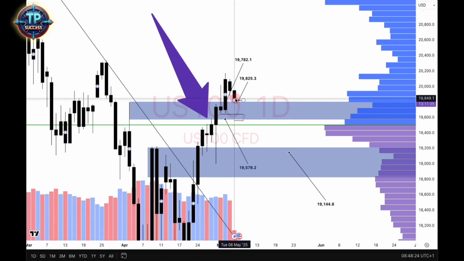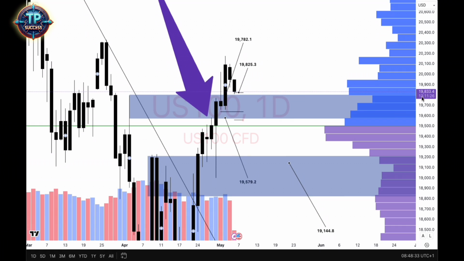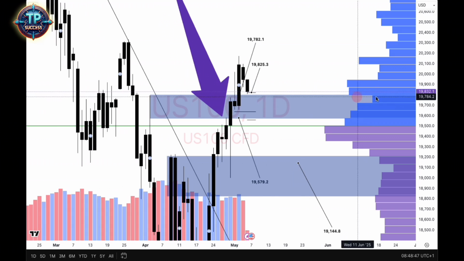So in my mind, I am more inclined to think that price is going to be pushing up, and this is what I was saying earlier in terms of it blasts through the key level or the low value node area, it comes back in for a retest only to shoot back off again. So this is what I think we're watching right now.